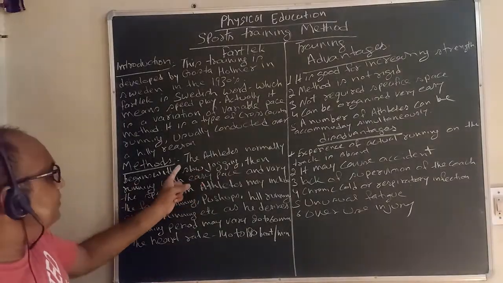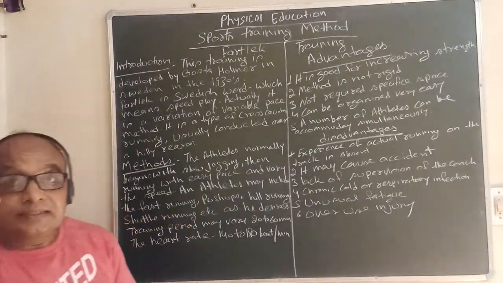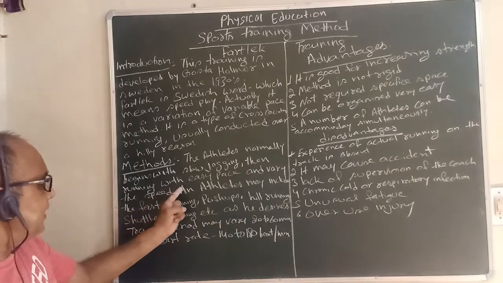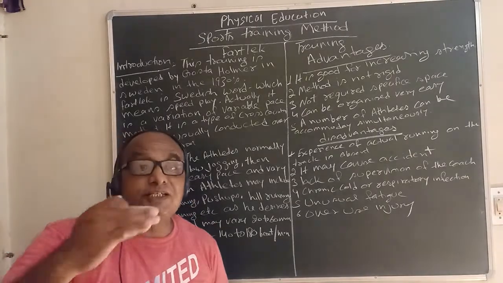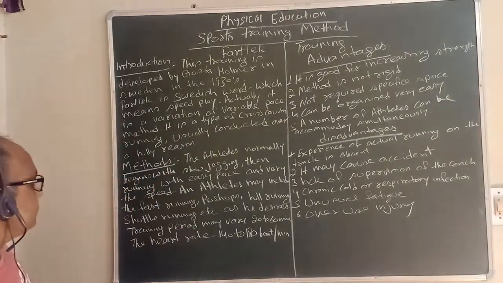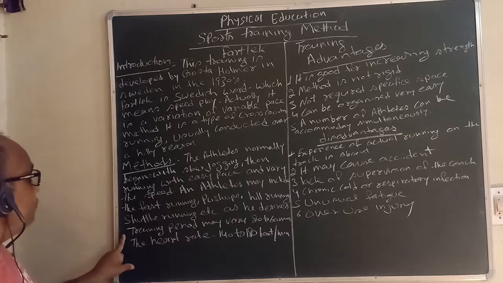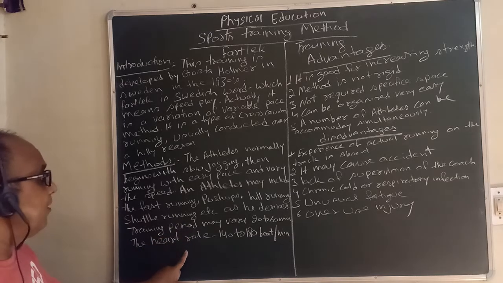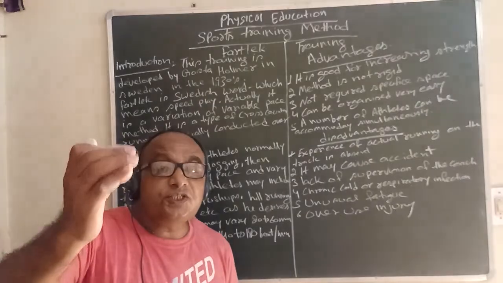As for the method, the athlete normally begins with slow jogging, then simple running, and after that he can vary the speed and change his pace. Especially we have to check the time and heart rate. Training period may vary from 20 to 60 minutes.